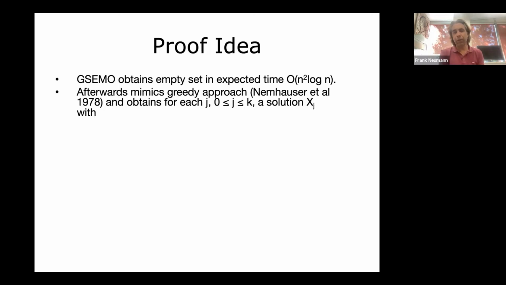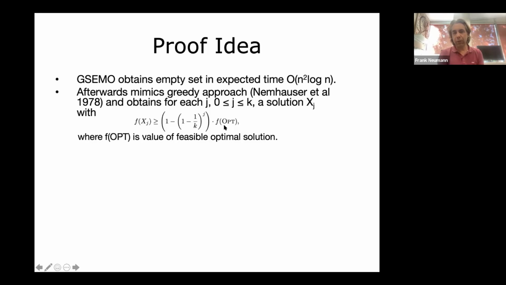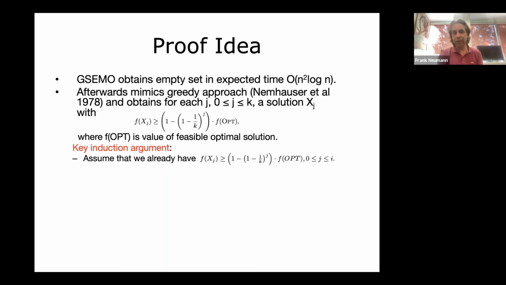And then you essentially get this greedy approach in, where you get for each j a solution with what I already explained in terms of approximation. And the proof to do this works with a key induction argument. So assume that you have already, up to a certain value of i, all these approximations for all values of j between 0 and up to i.